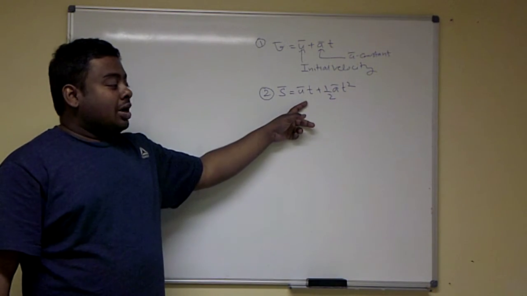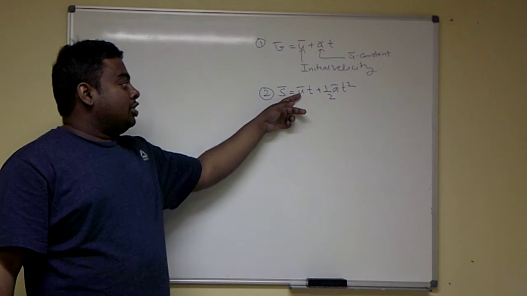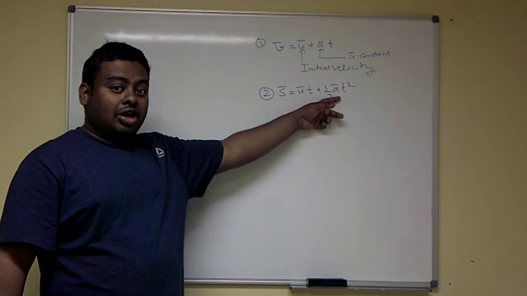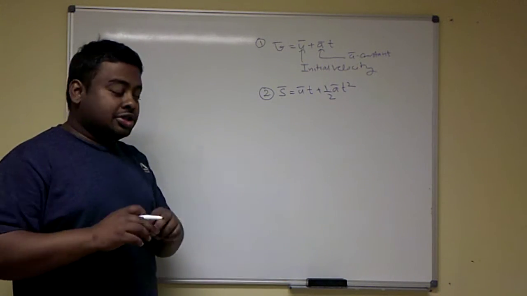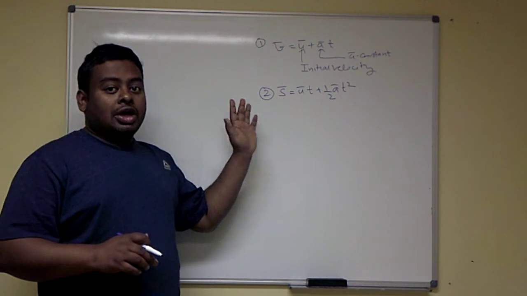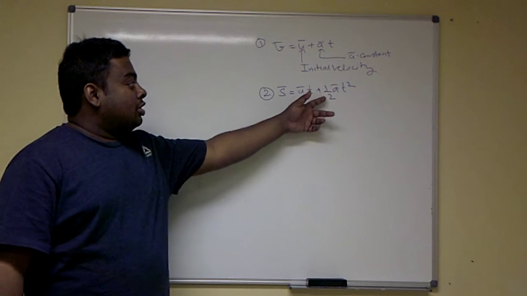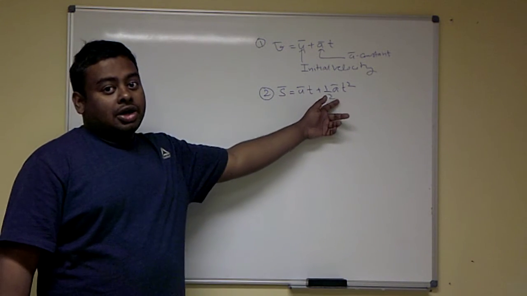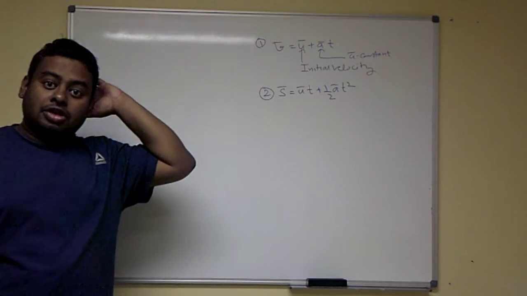T is the amount of time spent going from initial velocity u vector at a constant rate of a vector. It could be positive or negative acceleration, or retardation, depending on the sign. And the distance the body has traveled in time t, starting at u vector and accelerating at a vector, is going to be your s vector. So this is for displacement.